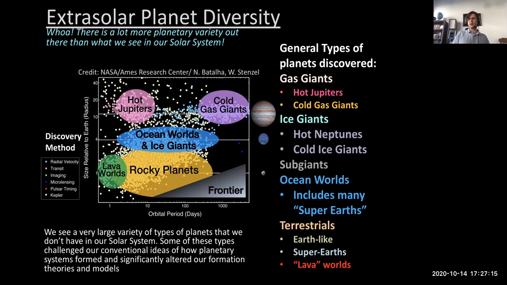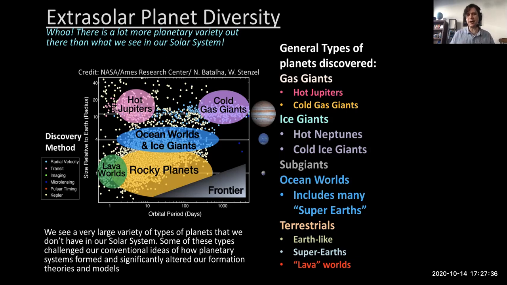And we have strange worlds that we call lava worlds, which are just terrestrial planets that are much closer to their host star than, say, Mercury is to our sun. So if we were to move Mercury in closer and closer and closer, so it's parked right next to and it orbits right next to the sun, Mercury would be what we'd call a lava world in that case.